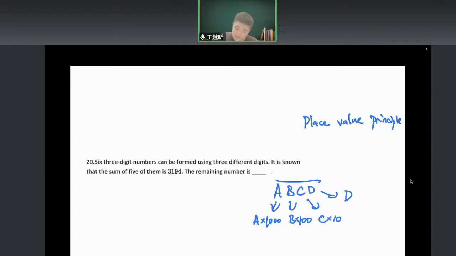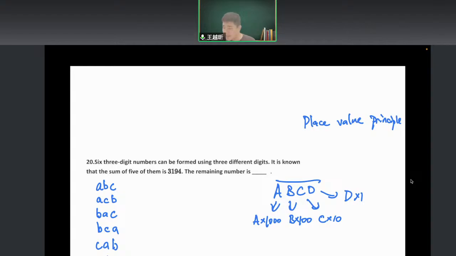Okay, so for this question, we know that three digits form 6 numbers. So we can write down ABC, ACB, BAC, BCA, CAB, and CBA. So 6 numbers.